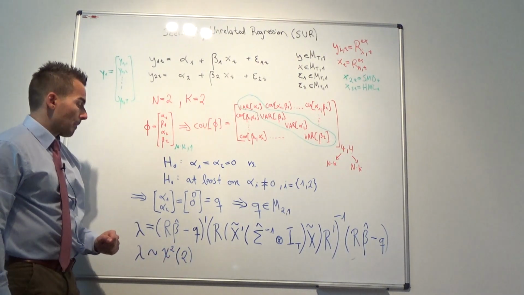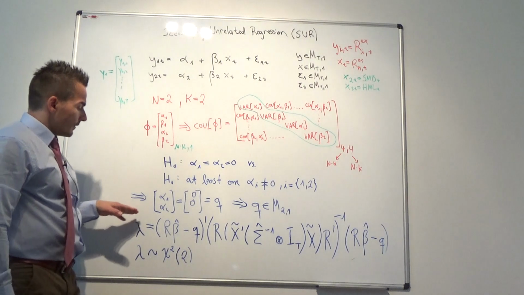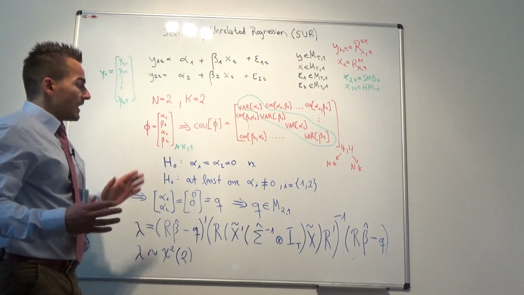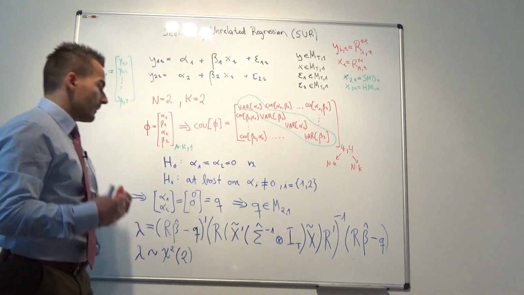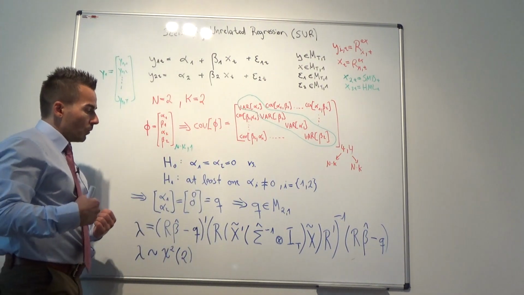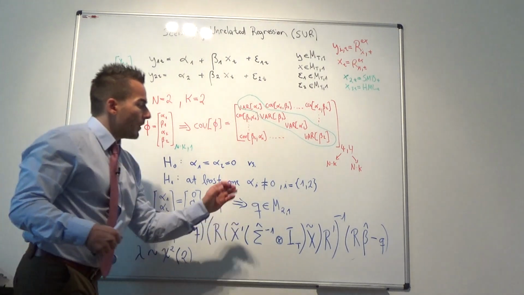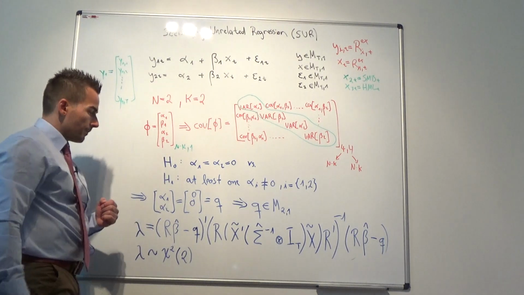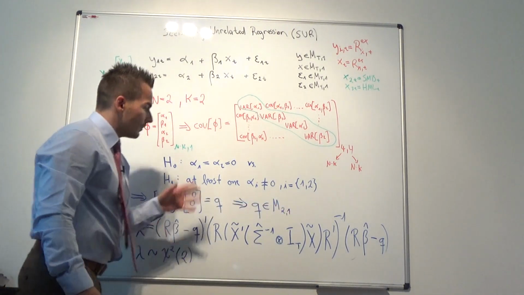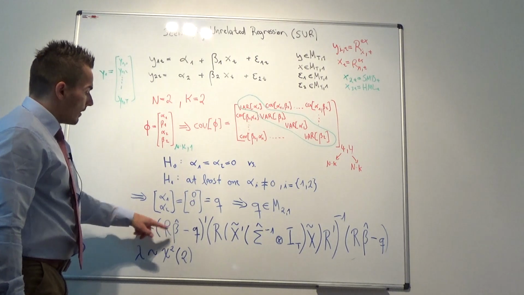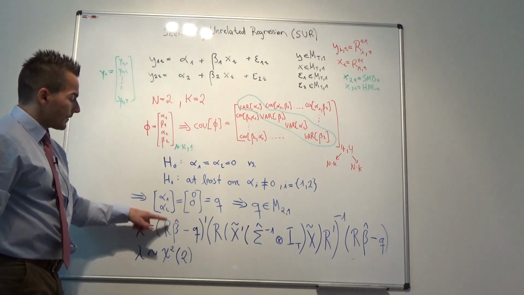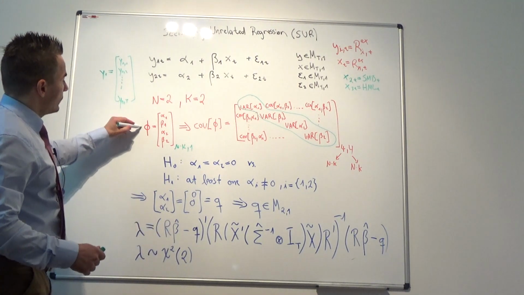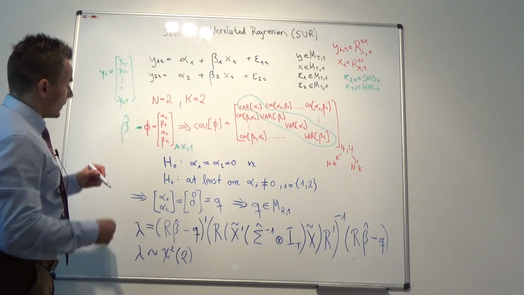The test statistic looks quite fancy, but that's just how it looks at first glance. At the end of the day, we will break it down step by step, and then put everything together. So how is it defined? It's basically a matrix capital R times beta hat, and beta hat here is basically our phi.